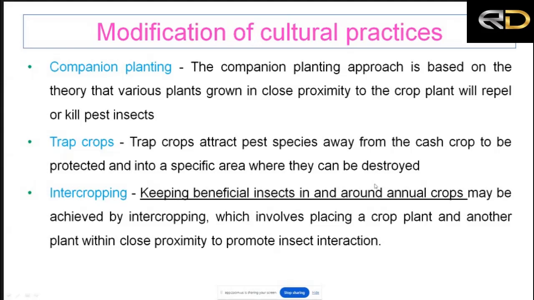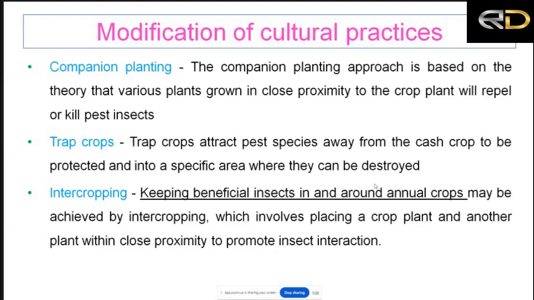There are many cultural practices, many small things we need to know, and from all this information we will be able to get the whole technique that we want to follow in organic farming. So companion planting is also quite similar to the cover crops.